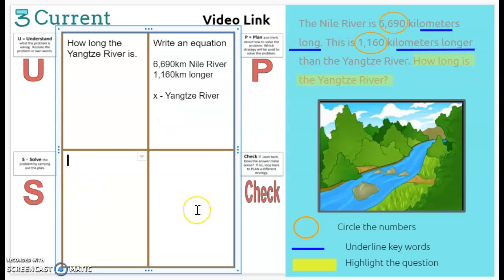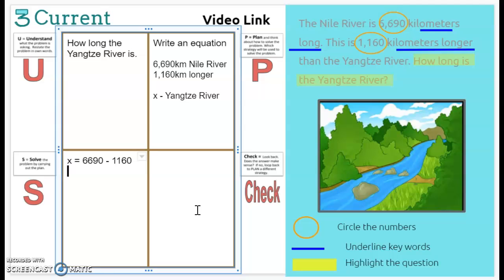Okay, so down here, the Nile River is 6,690, and that equals my Yangtze River minus, oops, I'm doing this backwards. Here we go, hold on. So the Yangtze River, I don't know. The Nile River is 6,690 minus 1,160.